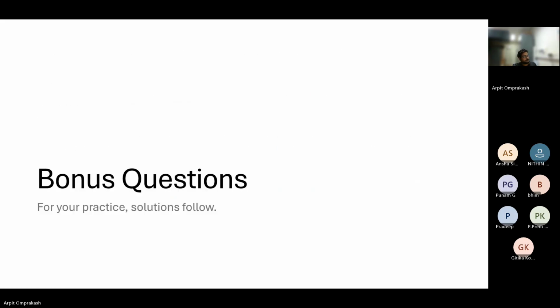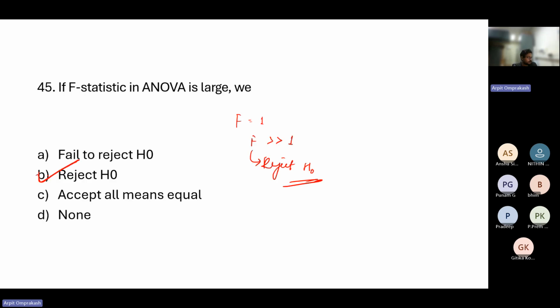So these are basic. I had a set of 45 questions that we were supposed to discuss in the class today. And then I have a few bonus questions from each of the topics, which are mostly numericals that you would need to solve, which will also help you clear your doubts. If you have any questions about how to solve them, I'll provide the solutions.